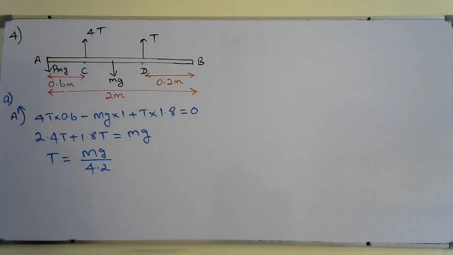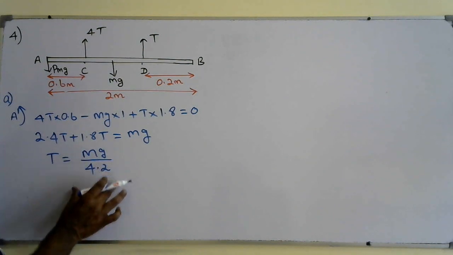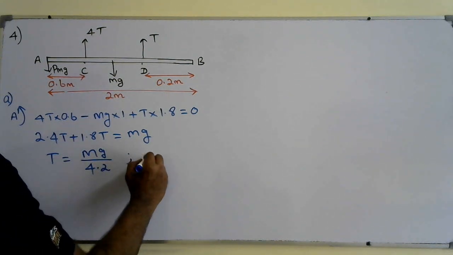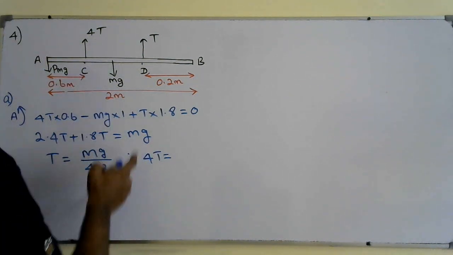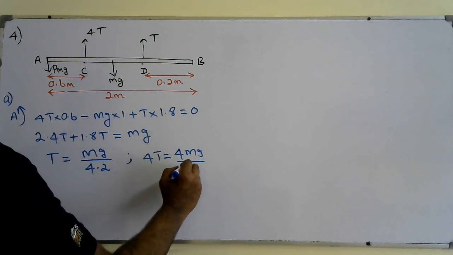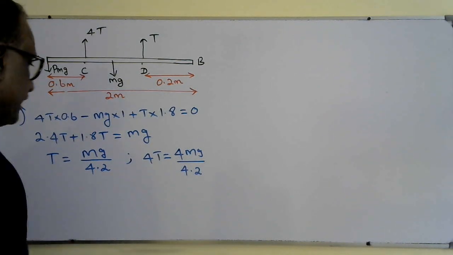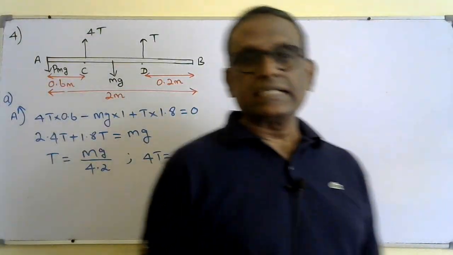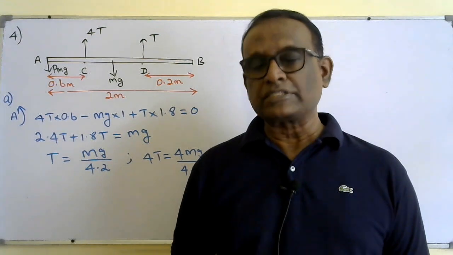Or you can say simply T is mg over 4.2, then 4T will be 4mg over 4.2. Now I need to find P. Now I will take the second condition: the resultant force in any direction must be 0.